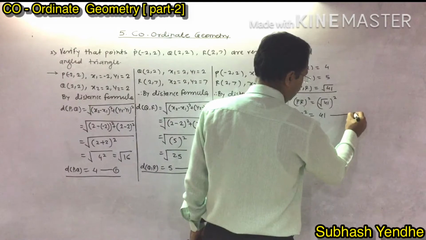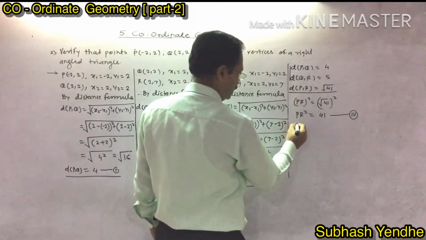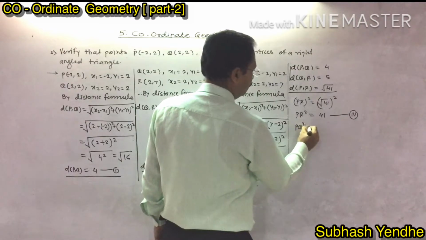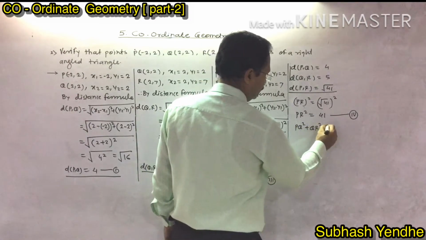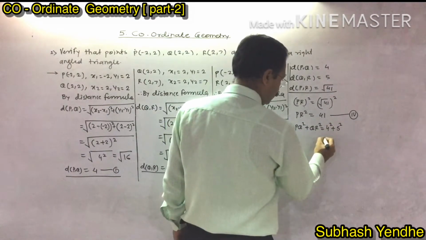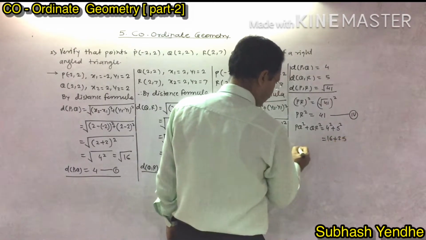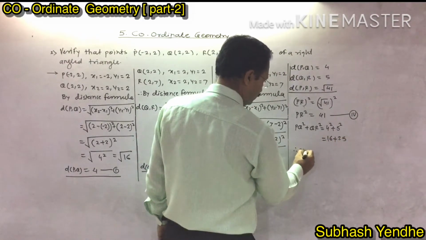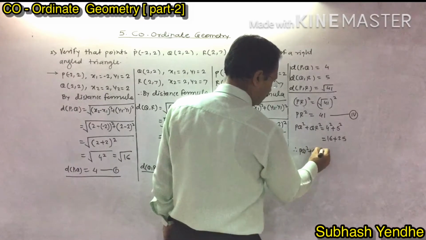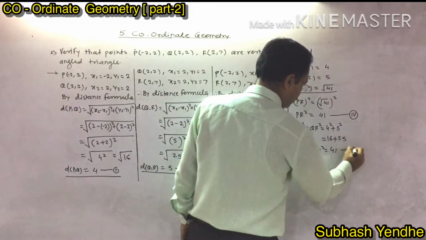Then add these two and make the square. PQ square plus QR square equals 4 square plus 5 square equals 16 plus 25. So you will get PQ square plus QR square equals 41. Give the number 5.